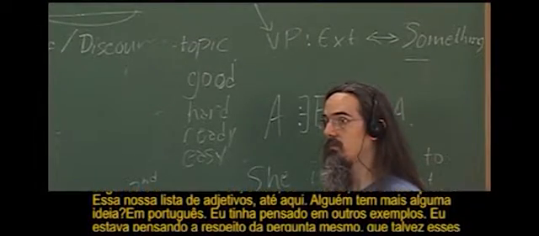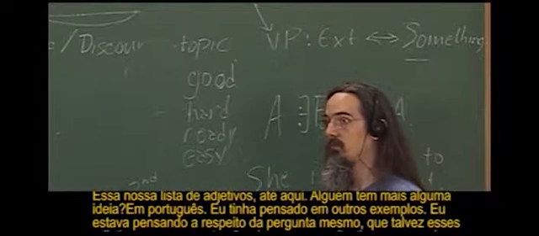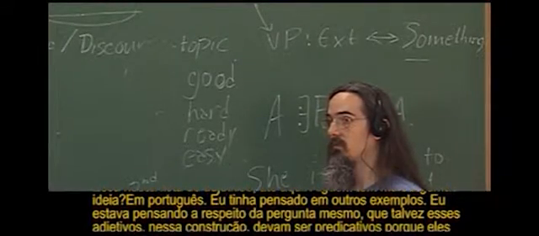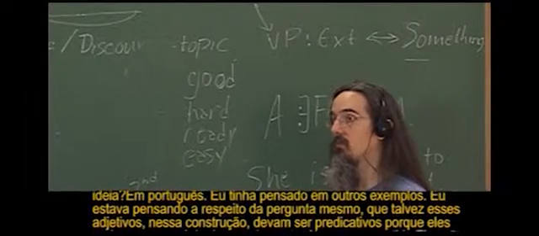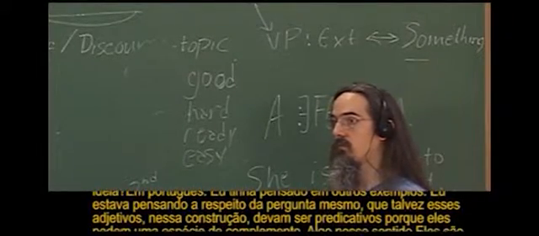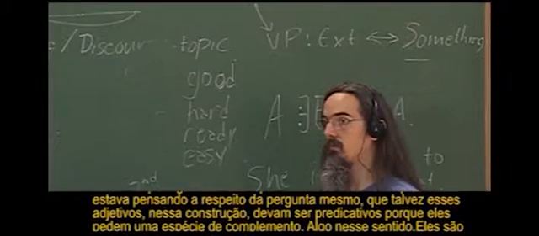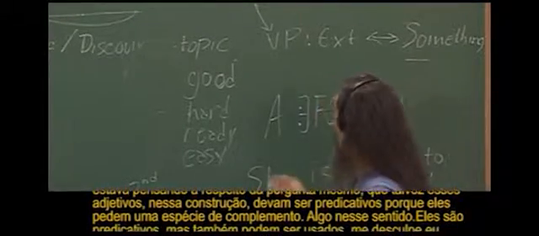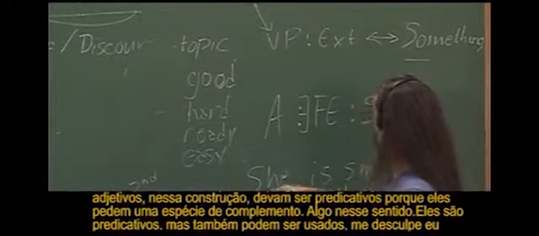I thought about other examples, but regarding the questions, I think that the adjectives in these constructions are predicative because they are a kind of complement, something like that. They're predicative, but they can also be used as modifiers.